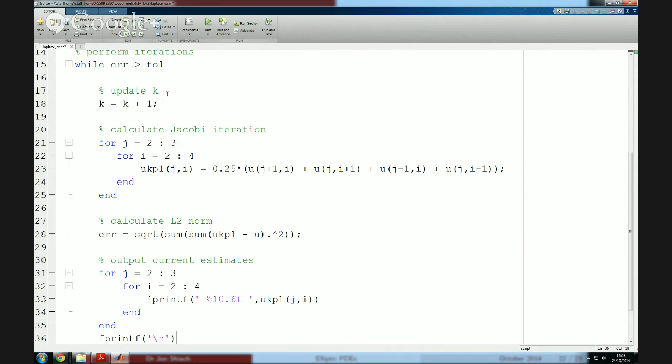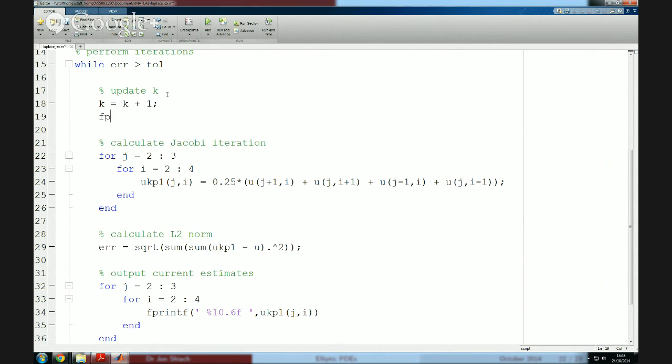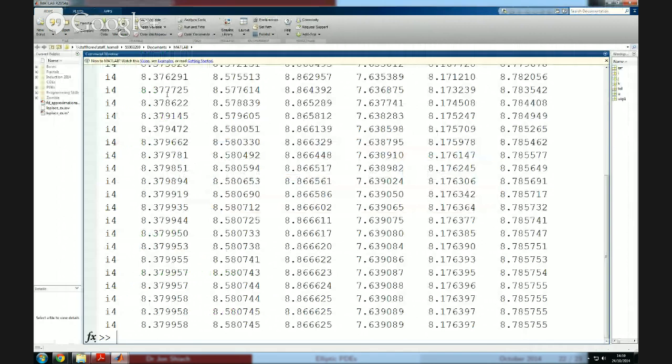Might as well output the k value as well. So, how many iterations am I going to take? It's the k value. Fingers crossed this works.